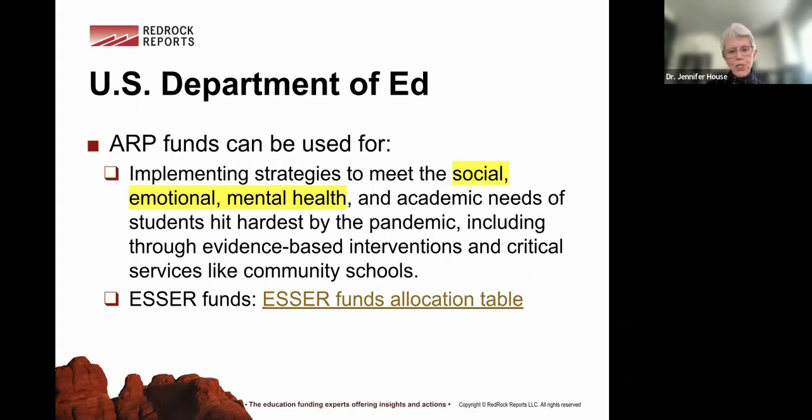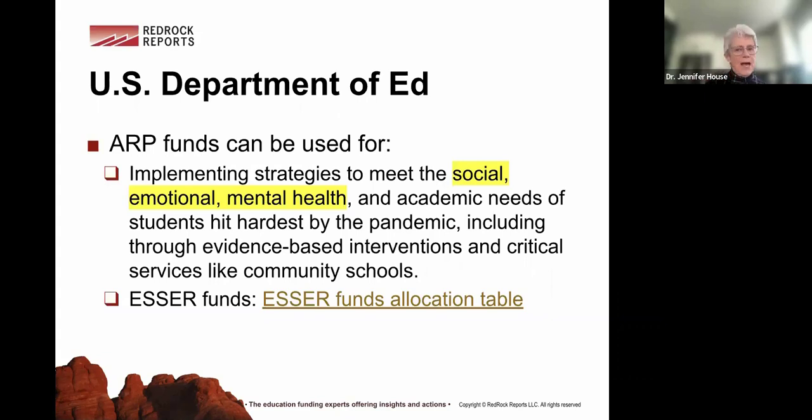Whether it was the protections, whether it was buying the technology for remote learning and all of the software, it's really to reimburse. Whereas the American Rescue Plan is really to plan for the future.